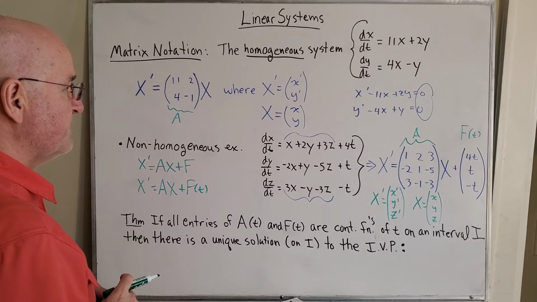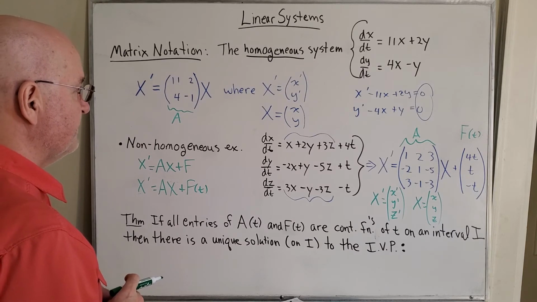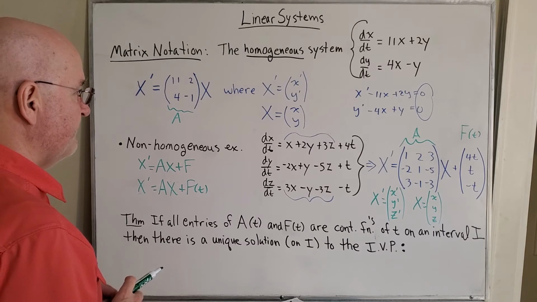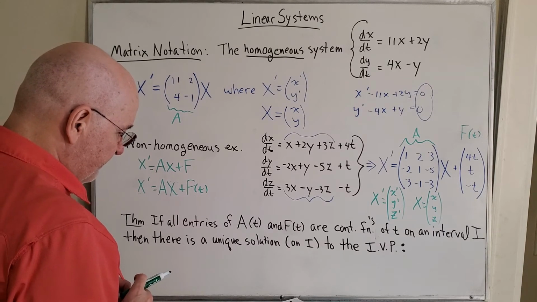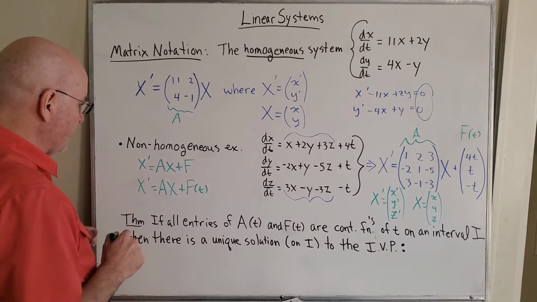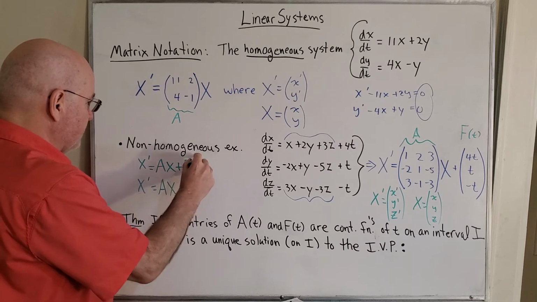Well, x and y and z are functions of t. So I could have put an A of t here if I wanted to, and an F of t, but I don't generally do that. I like the looks of just the matrix equation.